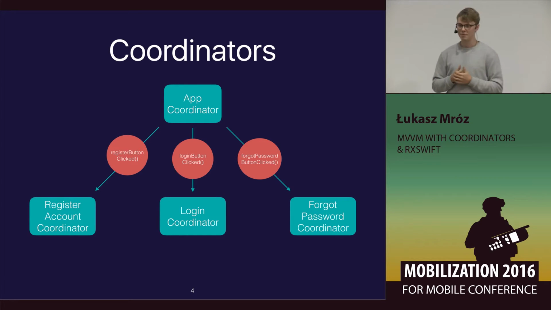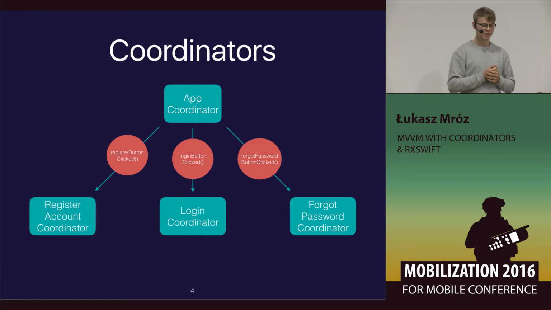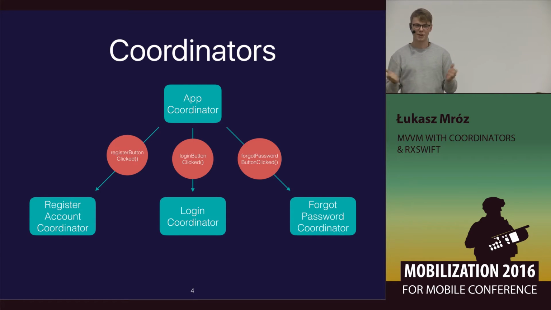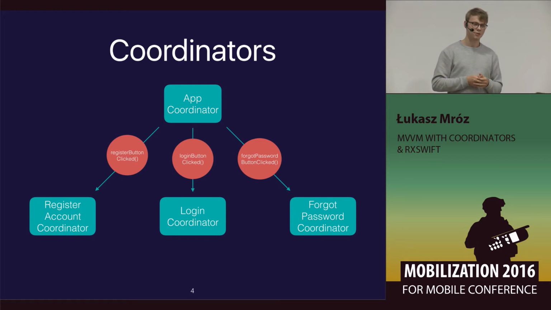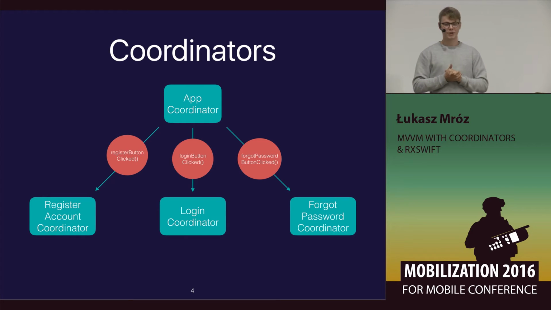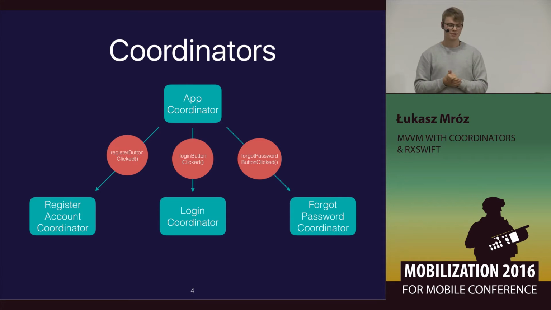I tend to think that for every story we have, there should be another coordinator. So in our case, the register story needs some space for itself, because there might be registration using Facebook, using Gmail, and so on. So in my opinion, it should rather be another coordinator. Of course, you can do a massive app coordinator pattern, but this is your decision.